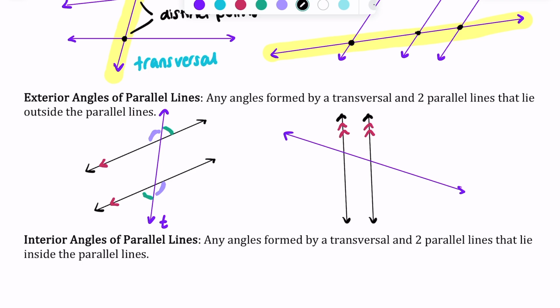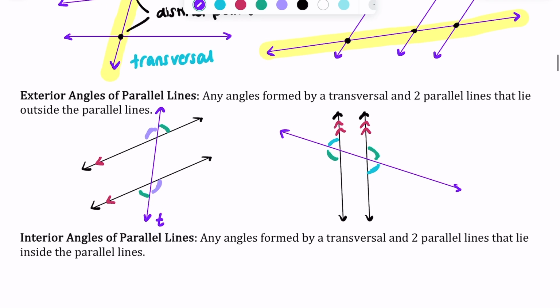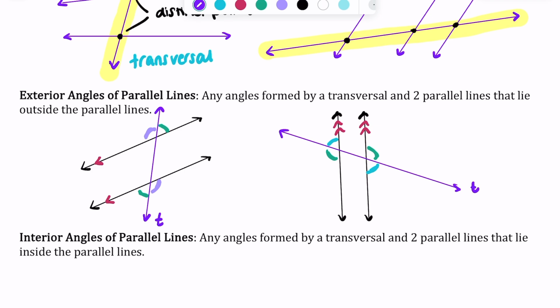The same concepts exist: my exterior angles are those on the outskirts of my bun. So it's this one, and this one, this one, and this one. There will always be 4 exterior angles. I'm going to go ahead and label my transversal with a little T as well, just so we can point those out.